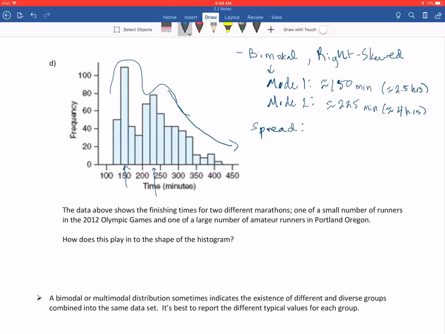So at that point, if I think finishing a marathon in a little over 2 hours, and if you get all the way up here over 400 minutes, you're getting around 7 hours at that point. So context-wise, the difference between finishing a marathon in 2 hours and finishing in 7 hours, I feel like there's a lot of spread.